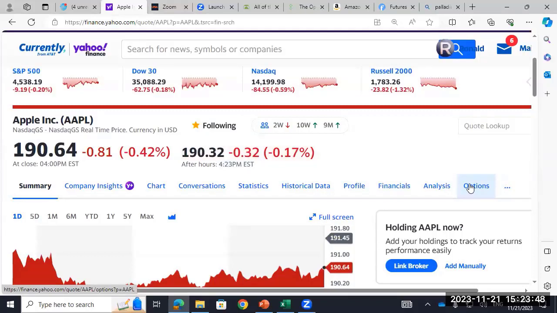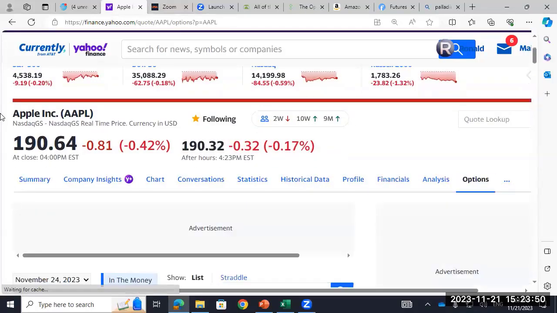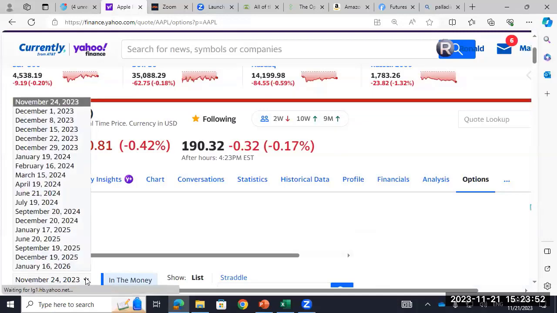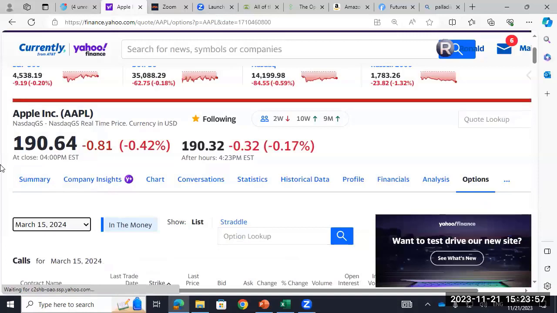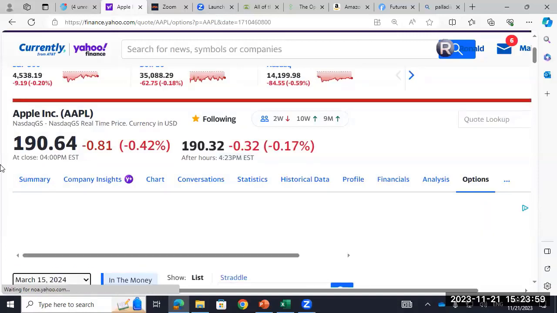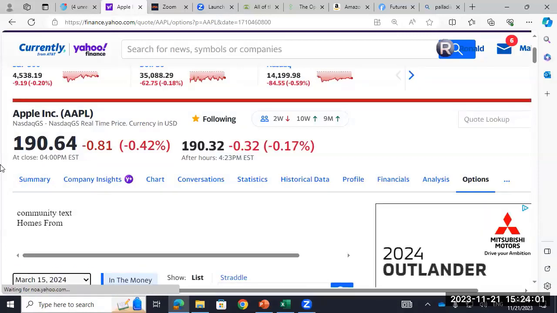Next 3 months. Would you pay me money? So 3 months is what? December, January, February. Let's go out to March, the next 4 months. How much would you pay me to have the right to buy Apple for $210 between now and March? Would you pay me 3 cents, 40 cents, $1?